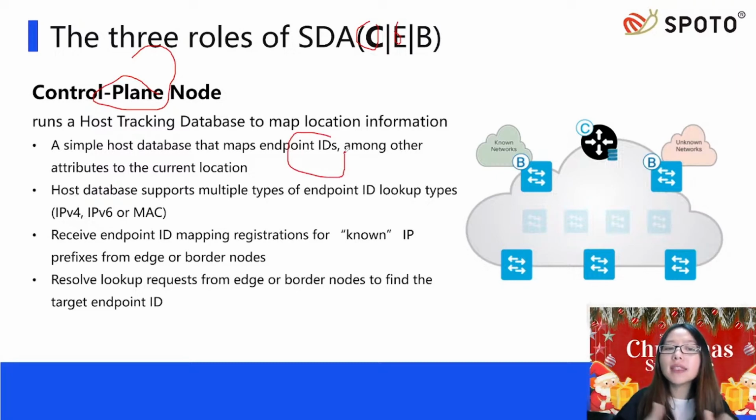The database supports multiple ID lookup types: IPv4, IPv6, or MAC, and it can receive endpoint ID mapping registration for IP prefixes from the edge or border node. So that's our control plane.